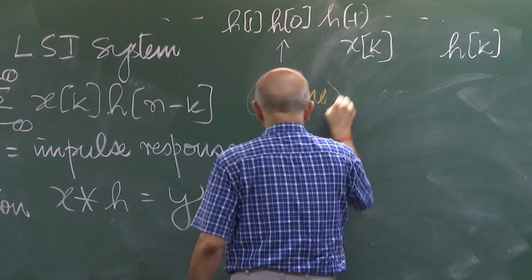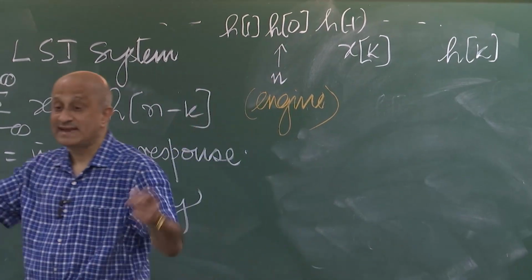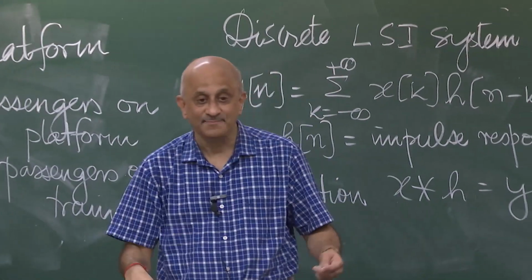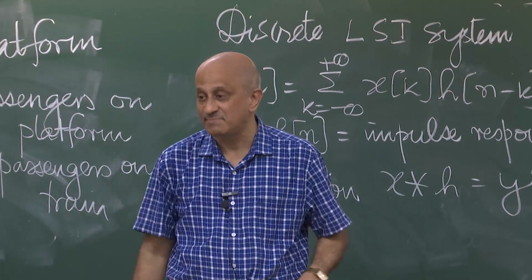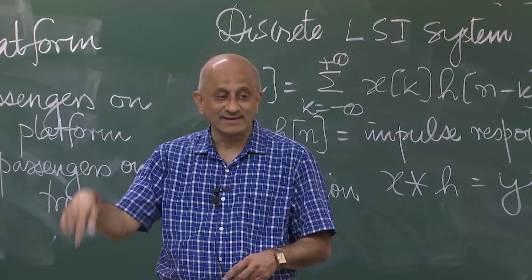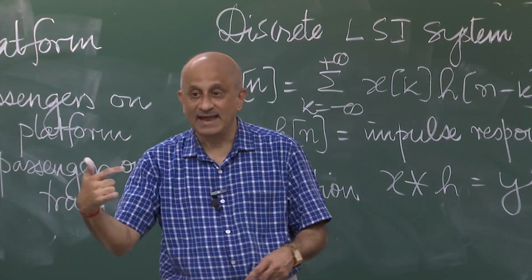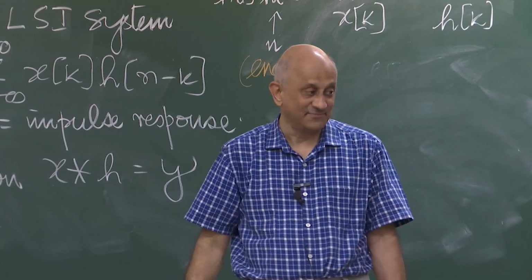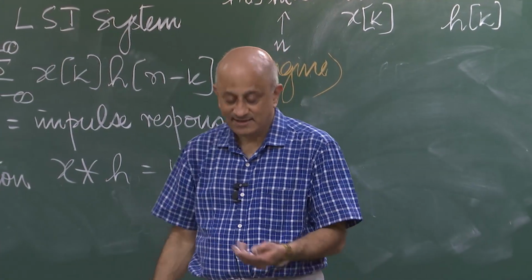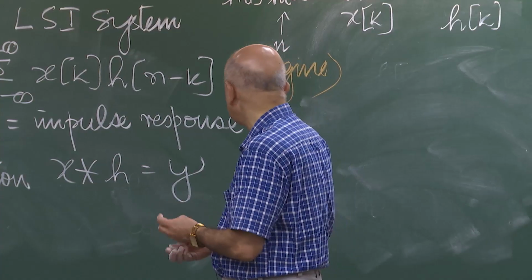Of course, here you have to think of bogies being on both sides of the engine. Some trains have that, right? As the engine moves, it pushes all the bogies along with it in the same sequence. And at every point, there is this handshake, and the net effect of the handshake is the output at every point. So, that is a simple way to explain convolution.